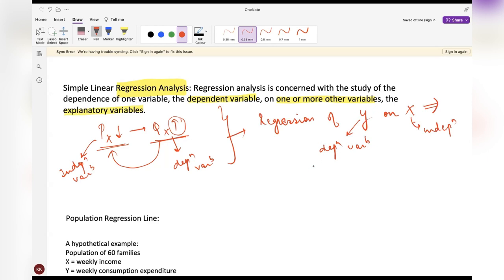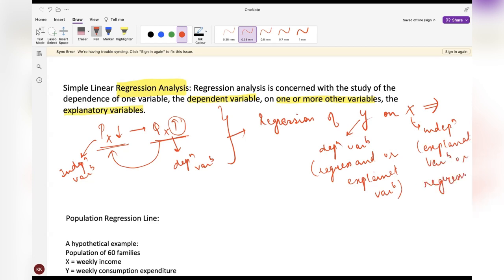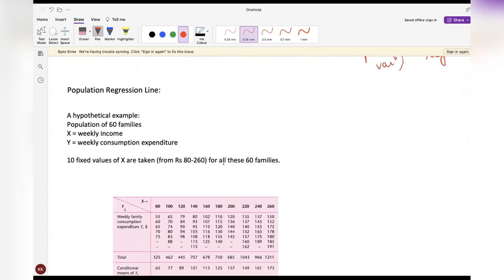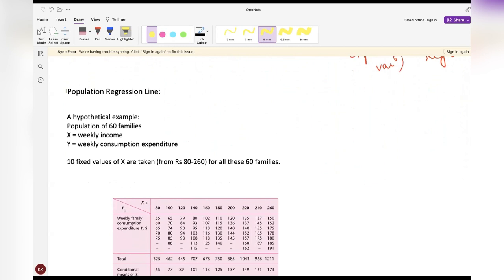The dependent variable is also known as regressand, or explained variable. And x, the independent variable, is also known as explanatory variable or regressor, right?